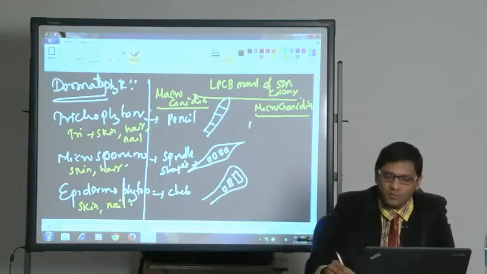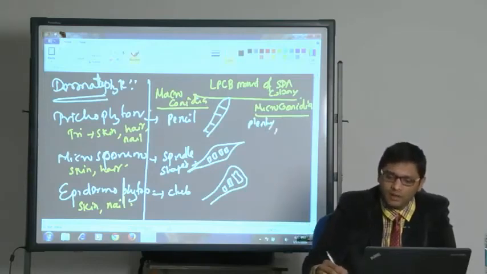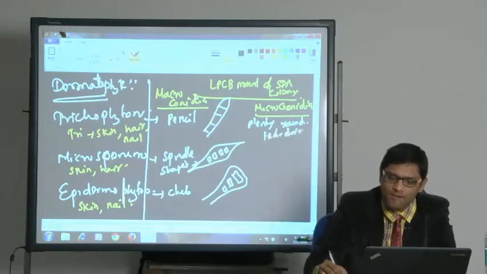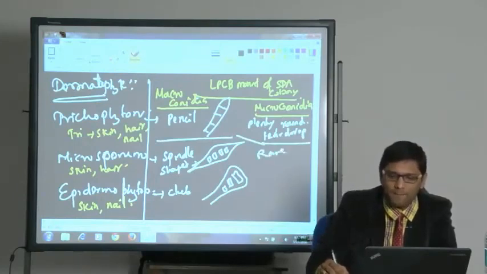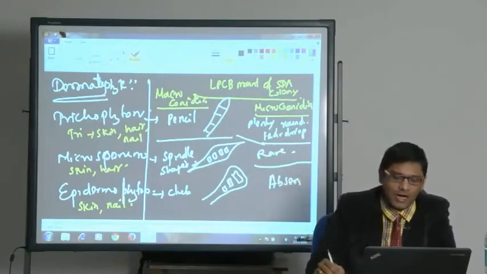Microconidia: Trichophyton has plenty, round or teardrop shaped. Whereas Microsporum has rare microconidia, and in Epidermophyton microconidia are absent.